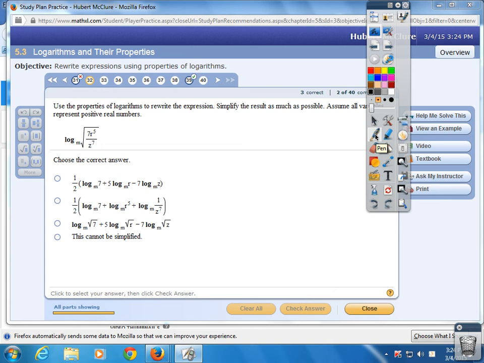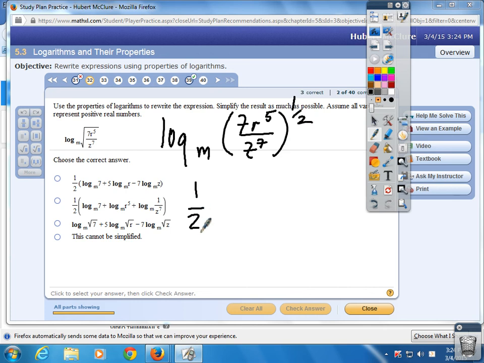All right. Log base m. So log base m. What are we going to do first? We're going to rewrite it as 7r to the 5th over z to the 7th raised to the what? 1/2. Bring that 1/2 out. 1/2 log base m of 7r to the 5th over z to the 7th.